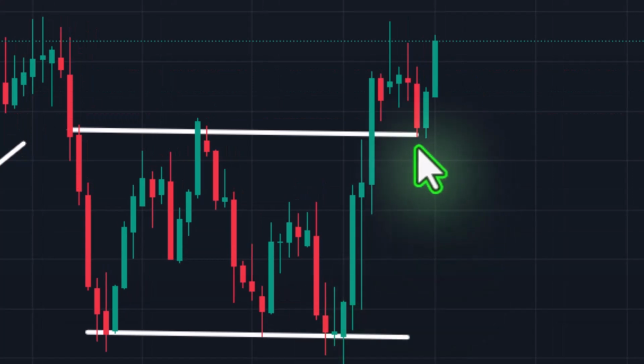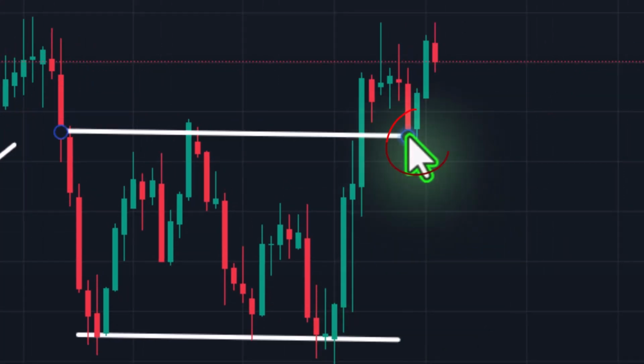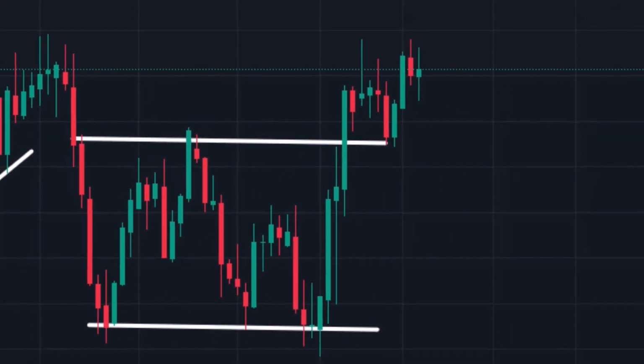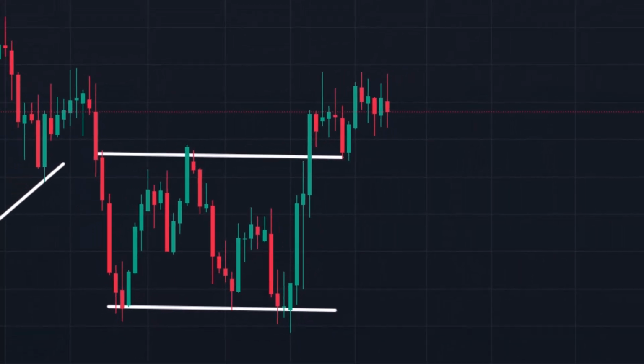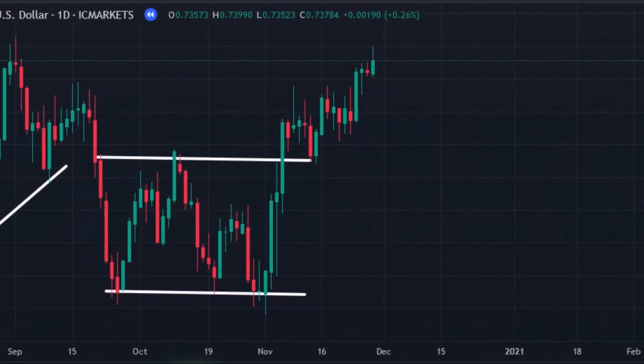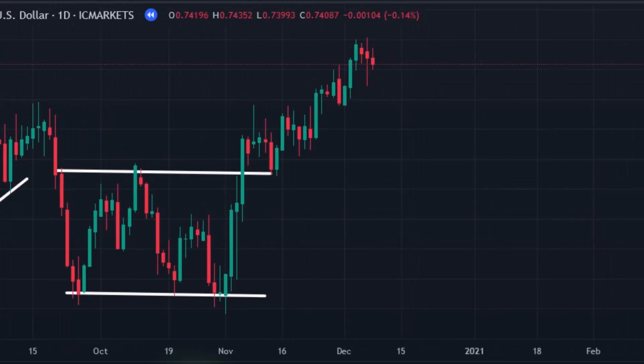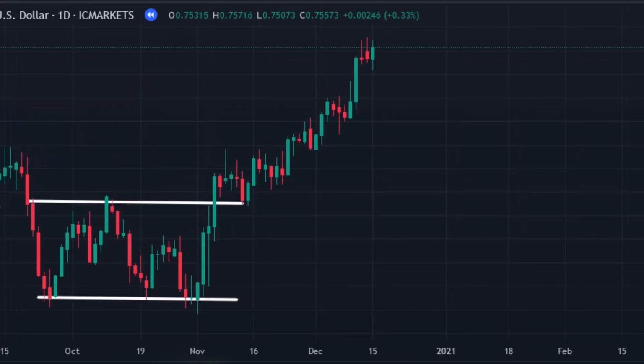Okay, we received a better buying opportunity. It was offered at a much cheaper rate. So if you did not buy at this level and you bought at this level, that'll be much better. So after that, what do we have? See, price took off. Price has taken off.